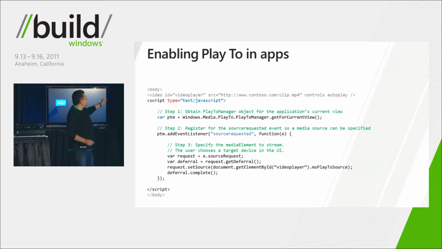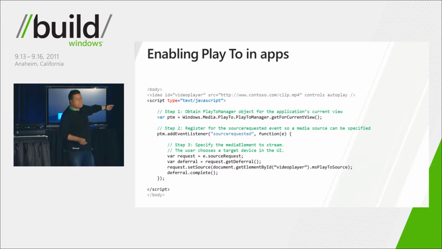So step number one is to create a Play To manager object that is going to handle these Play To operations. Step number two is to register that Play To manager object to receive events from the UI. So when a user clicks the Play To button, that event will reach your Play To manager.